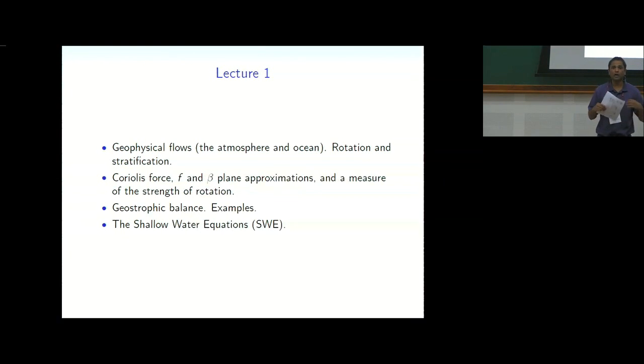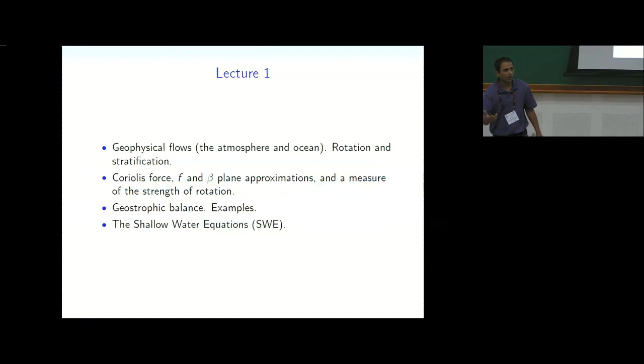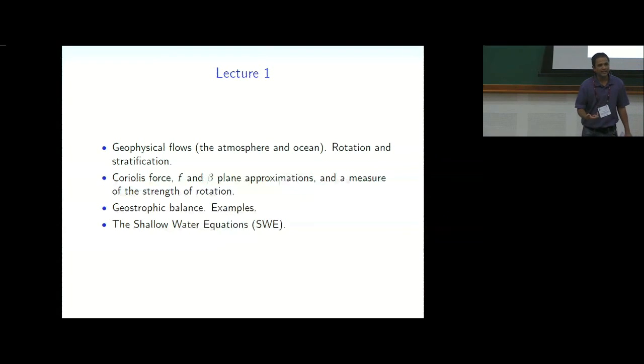Now, at this stage, I will diverge a bit. I will not go to the blackboard, but I will actually show you data and show you that if rotation is strong, what do we expect from it? And I will show you that you see this in data. That will give you a qualitative idea that rotation is actually important in the atmosphere and the ocean, right? And once we get this qualitative feel, we'll put it down in terms of a measure of the strength of rotation.